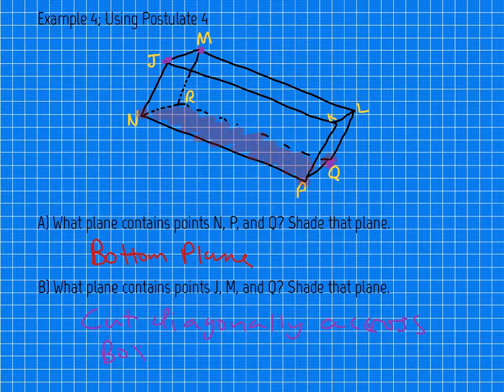So what that one's going to look like is kind of come from here down to the P, over to the Q, up to the M, and then over. So that is the plane that you're looking for there. So that would be how you would shade a three-dimensional plane.